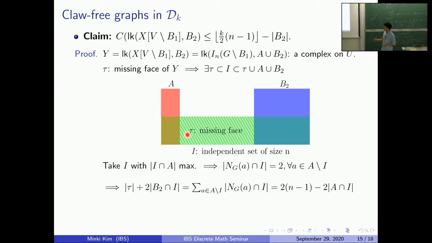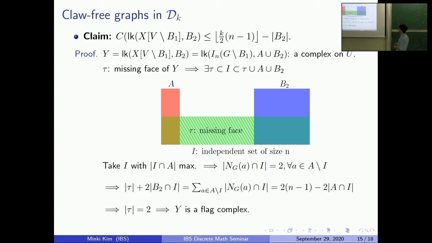And all vertices in tau are contained in U, the set of all vertices having one neighbor in A, so we just multiply 1 by the size of tau. From this equality, we can obtain that the size of tau is actually 2, meaning that this complex Y is a flag complex.